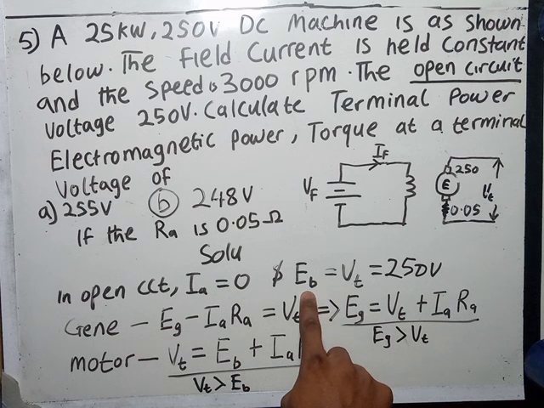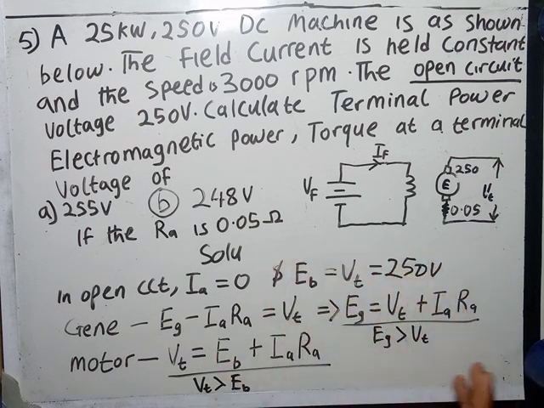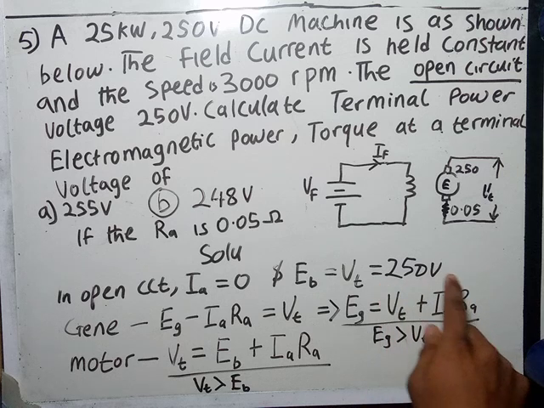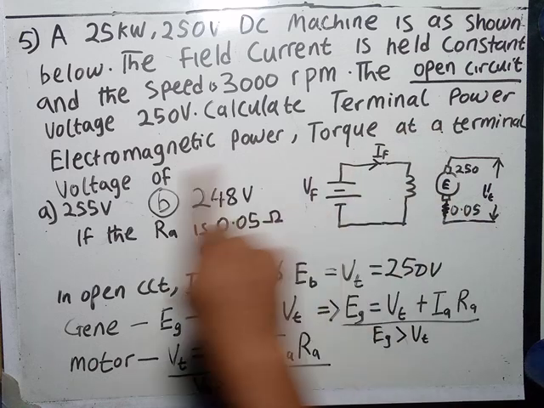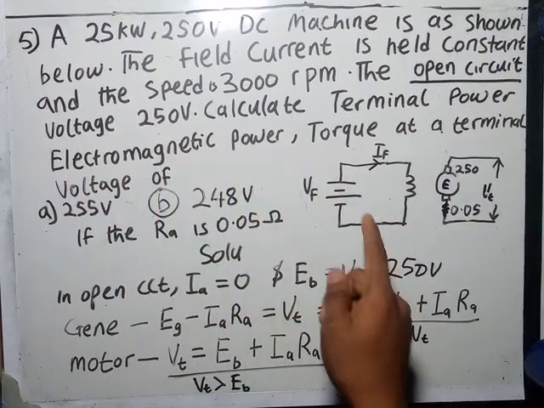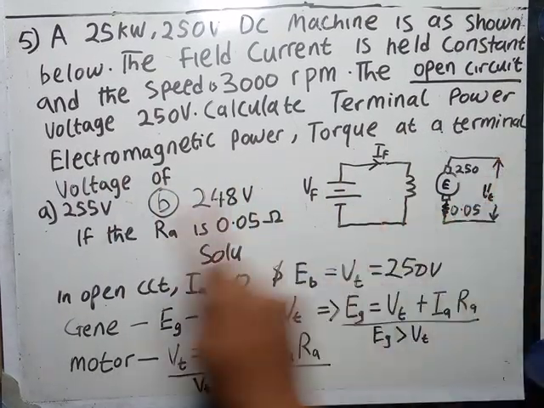We have our Eb, or E, whatever you choose to call it, to be 250.